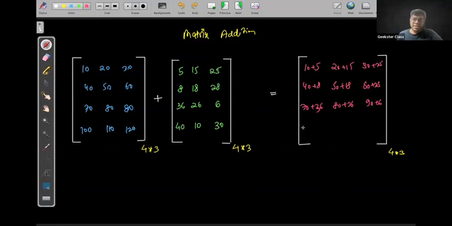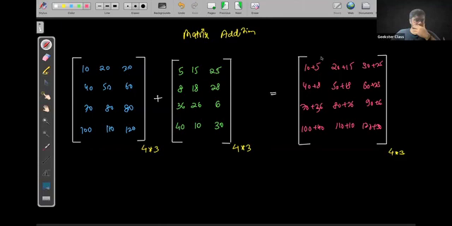In the last row, 100 plus 40, then 110 plus 10, and finally 120 plus 30. Is this what the resultant of two matrices getting added is?